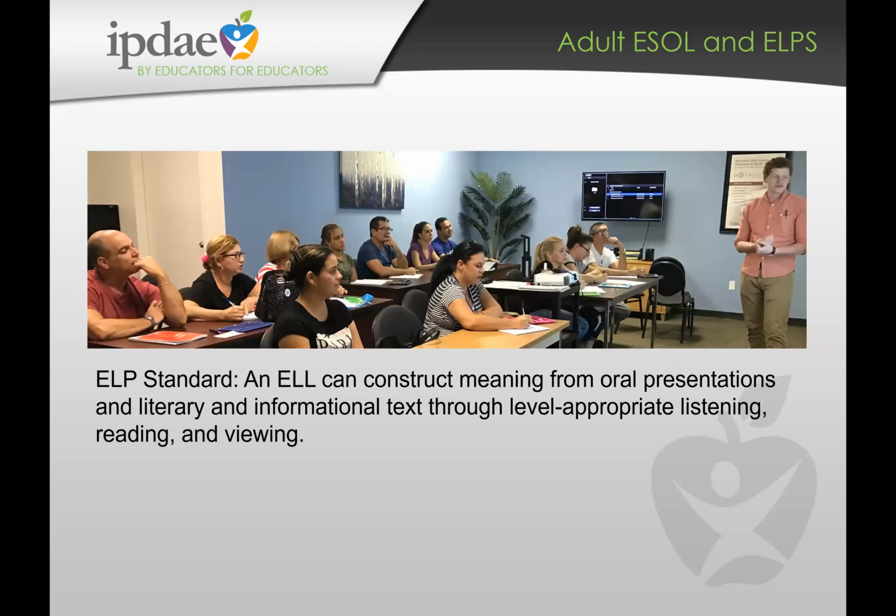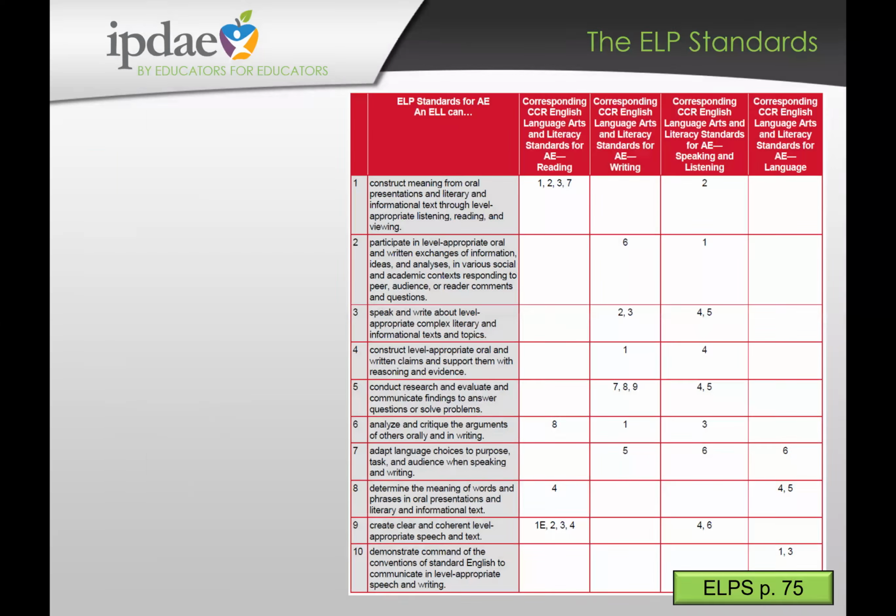So for us, we're going to focus on a particular ELP standard. Let's pick one random one: an ELL can construct meaning from oral presentation and literary and informational text through appropriate level listening, reading, and viewing. Now that we've selected our ELP standard, we're going to do the reverse direction in the correlations page.